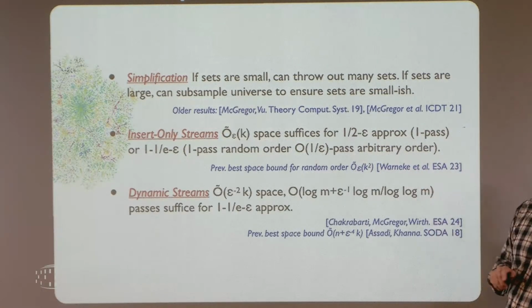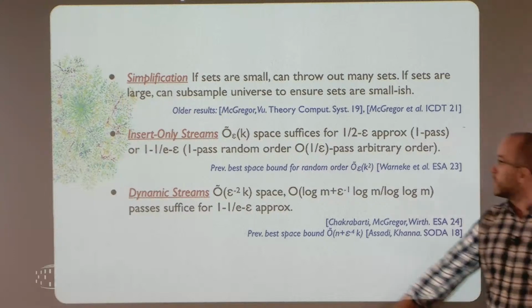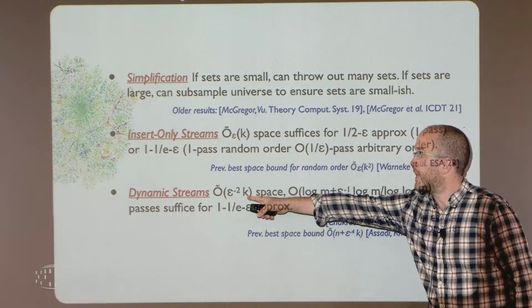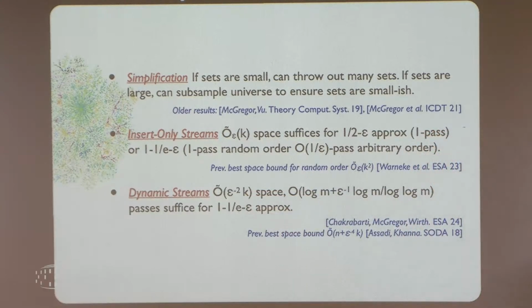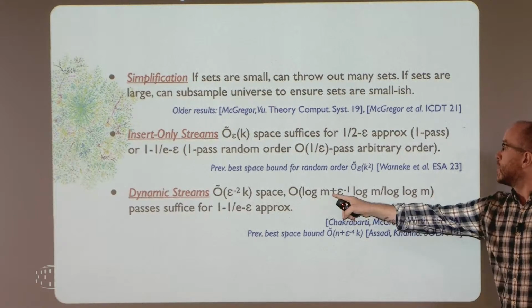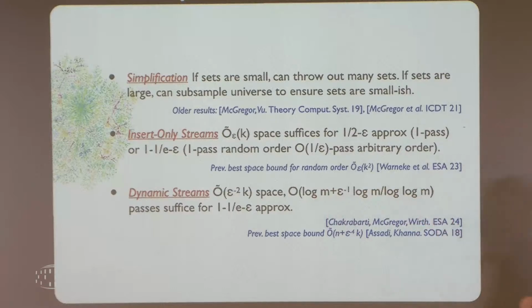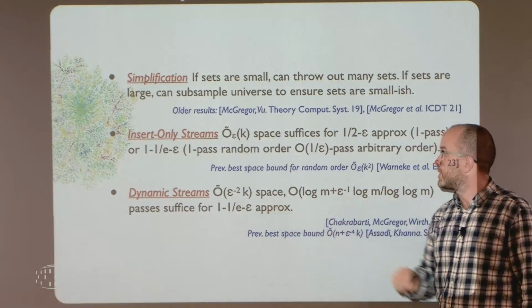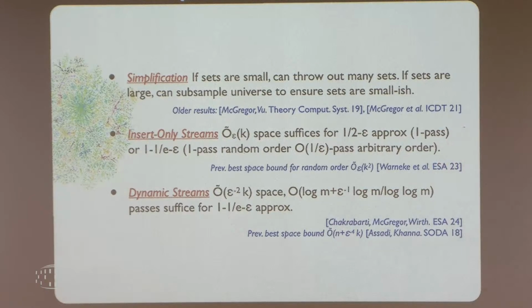And then lastly, I'll talk about dynamic streams where these sets can be inserted and deleted. I'll go through an algorithm that uses, again, linear in k space, where the dependence on n and m is logarithmic. It'll require multiple passes. Essentially, the number of passes is log m. If you dig into the dependencies, you have an expression, but between friends, log m, and this achieves a 1 minus 1 over e minus epsilon approximation.